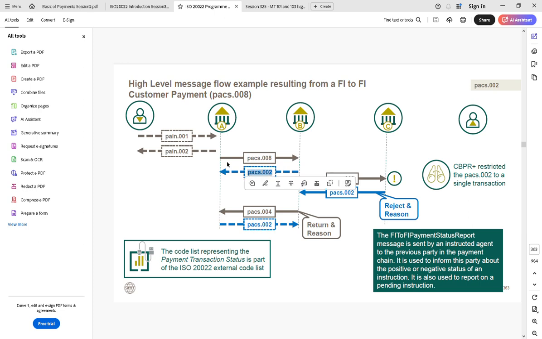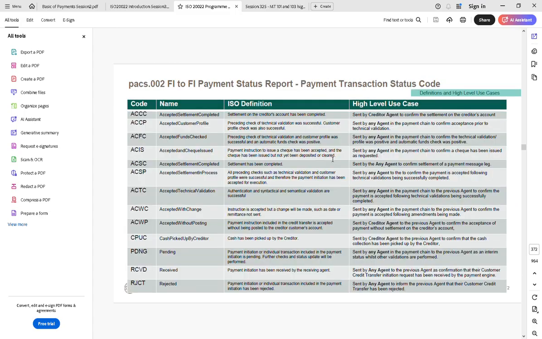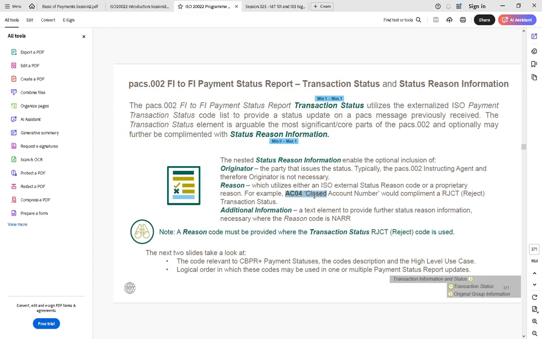Okay, simple. Understand now what is the meaning of that word? In simple language, it is a negative response: account is closed. That's why we are returning the payment.